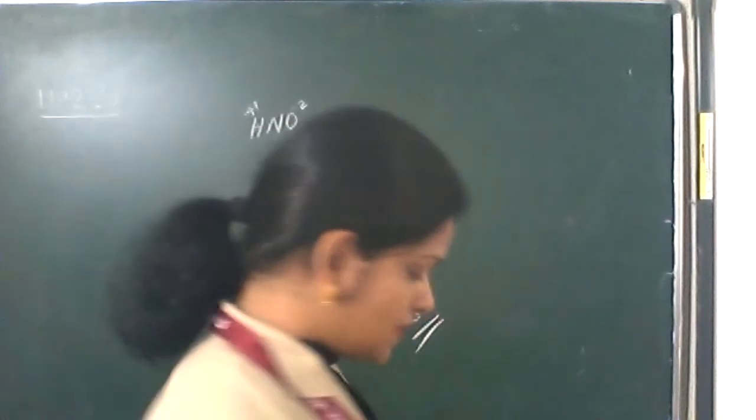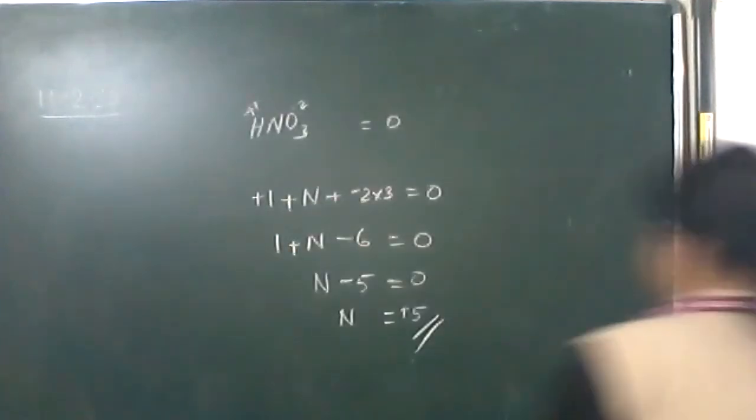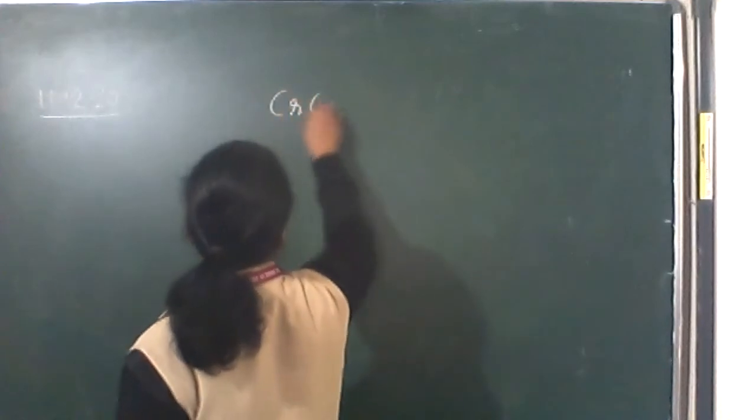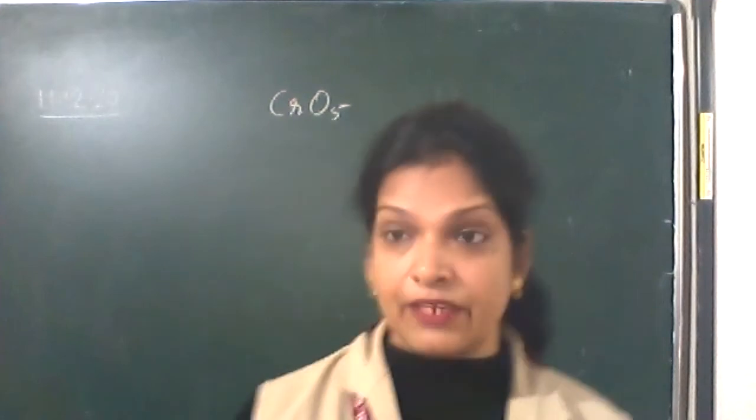Next question. Find the oxidation state of Cr in CrO5 and account for the fallacy if any.